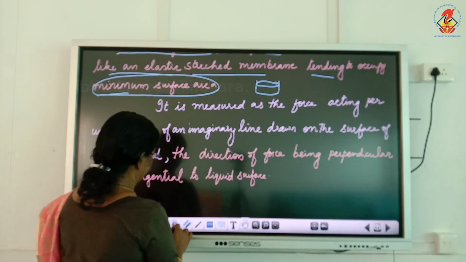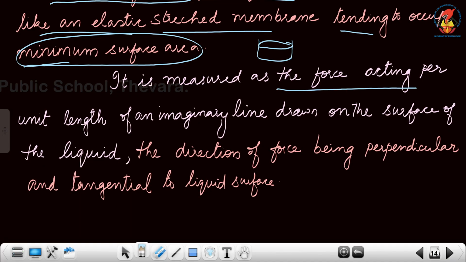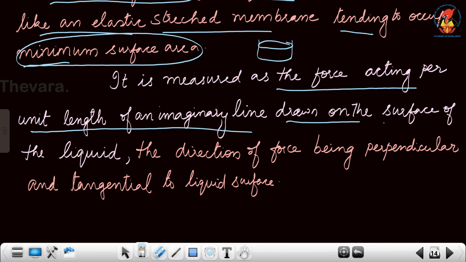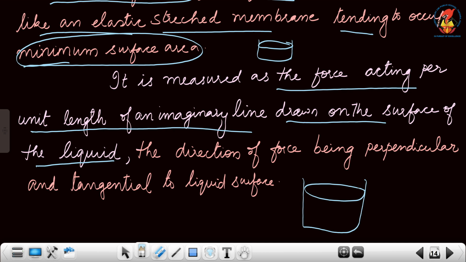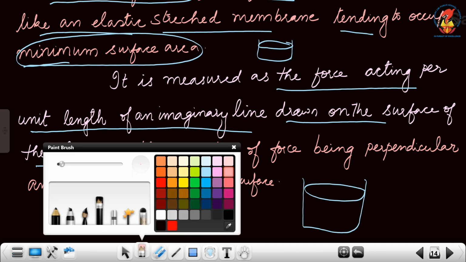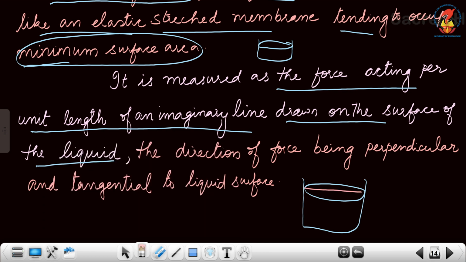It is measured as the force acting per unit length of an imaginary line drawn on the surface of the liquid. Imagine we have a liquid in a beaker, and this is the imaginary line. In which direction is the force acting?